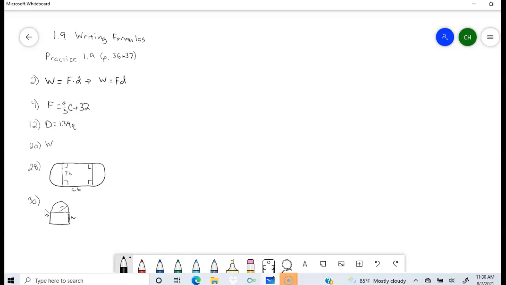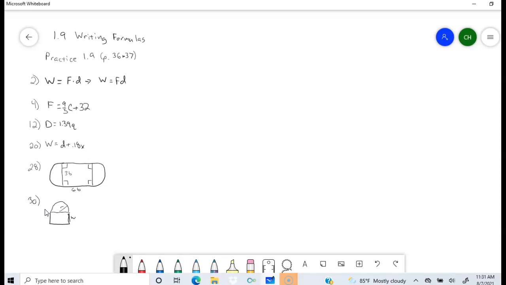So W for wages is equal to the salary of D dollars, so they're definitely getting D dollars, plus an additional 18 cents, 0.18 times X pieces. Okay.